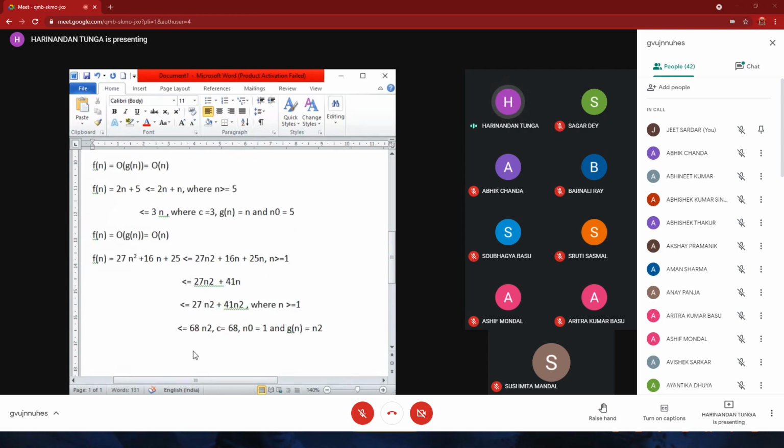Express fn in terms of big O notation. Big O gn is n square.